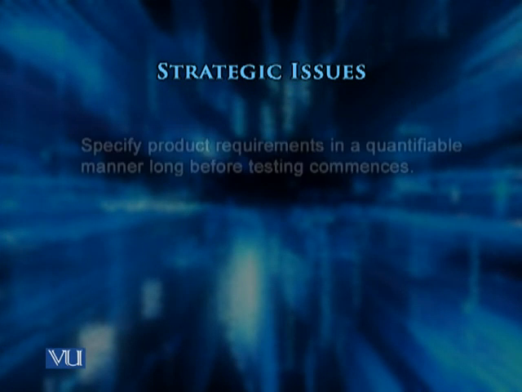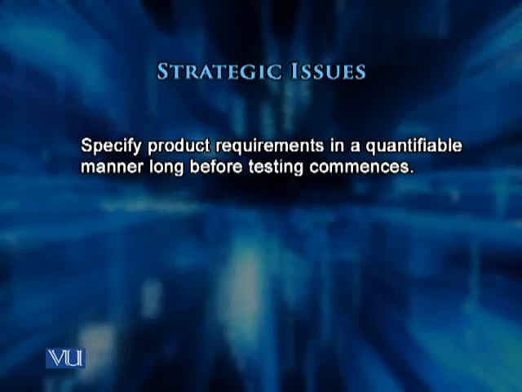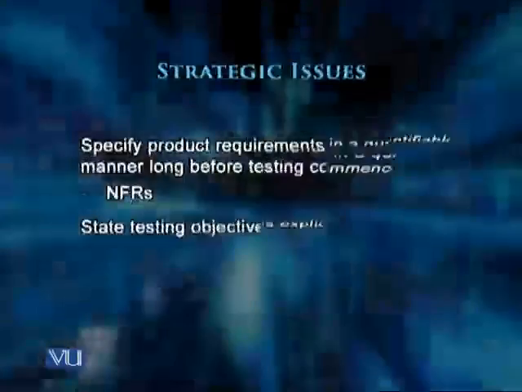Let's now talk a little bit about some strategic issues. It is very important that you specify product requirements in a quantifiable manner long before testing commences. And this fact was clearly visible when we were discussing the V model of software testing. The product requirements include both the functional as well as the non-functional requirements.